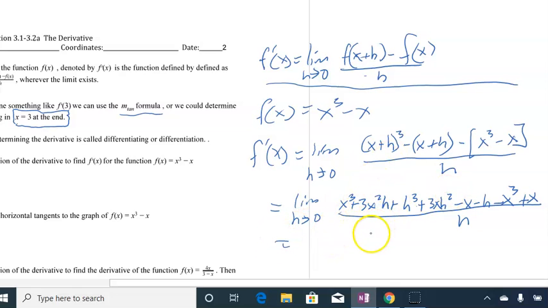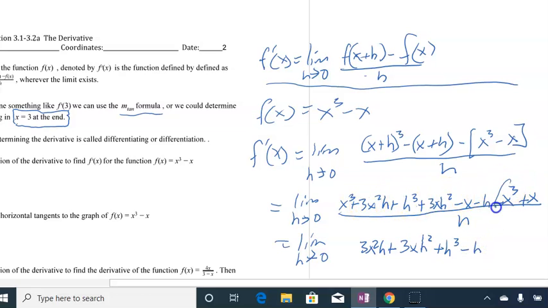But we are going to continue taking limits as h approaches 0 of 3x squared h plus 3x h squared plus h cubed minus h, right?